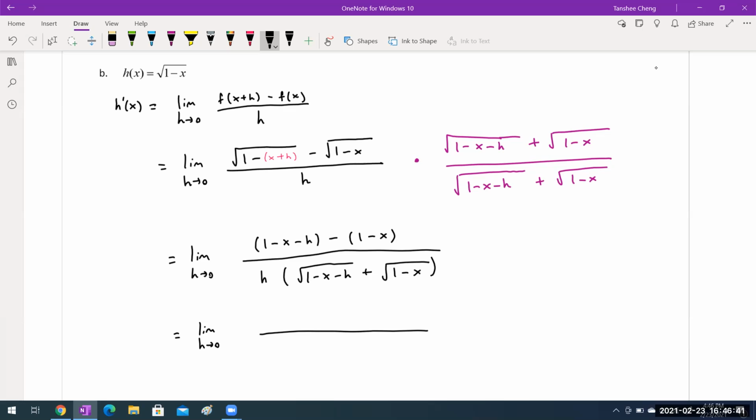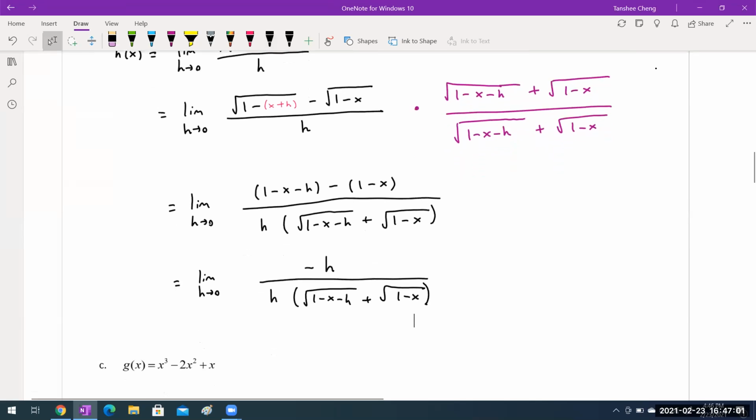Simplifying further on the numerator, when you distribute the negative, then 1 and negative 1 become 0. Negative x and positive x become 0. So I have negative h over h times square root of 1 minus x minus h plus square root of 1 minus x.